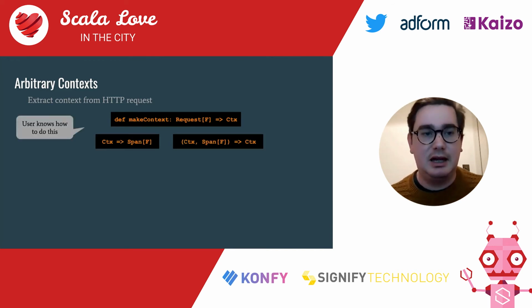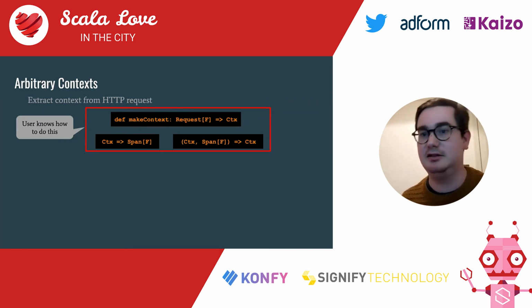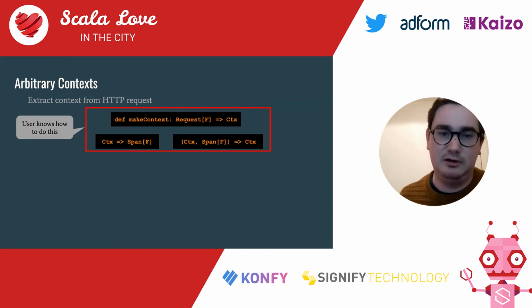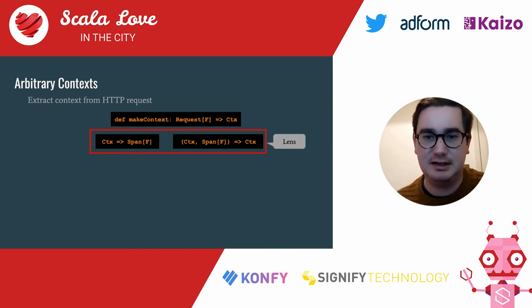So in order to do this, the user needs to know how to go from context to span, and then back from span to context, given another context, or given the original context. So Trace4Cats provides utilities to help do this, and I can go in depth in Spatial Chat later. But if anybody's used optics before, you'll recognize this as a lens.